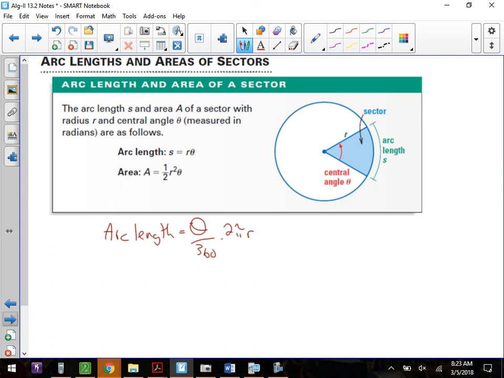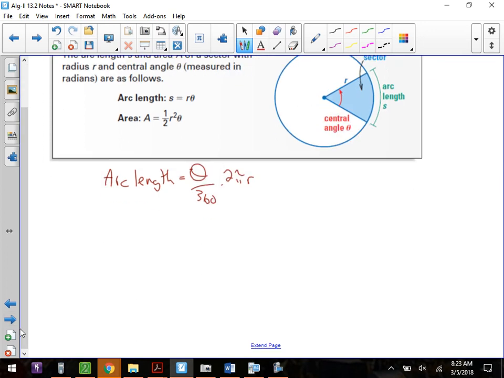Well, if you look at it, what's 2 over 360? Pi over, so this is pi over 180. So this is the same thing as angle times pi over 180. Wasn't that how you convert to radians? Yes, you're right. I walked in and I started doing all the unit circle stuff.